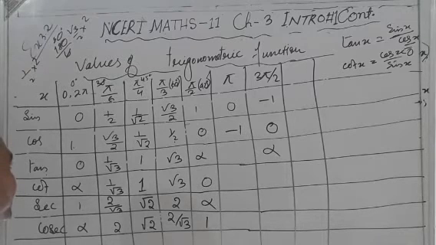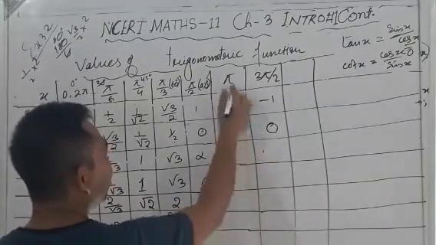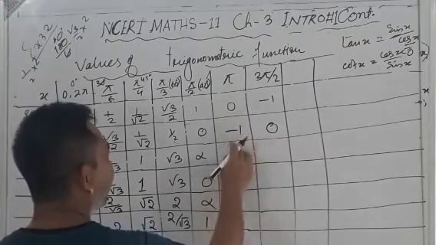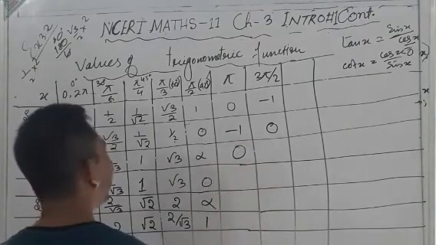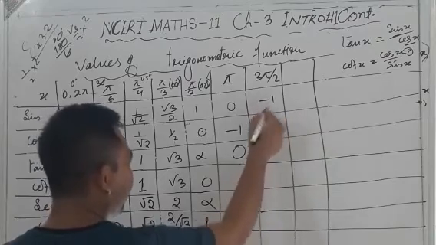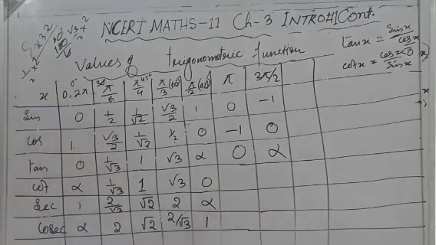Okay? And then cot is cos by sin, which is 0 by minus 1, that is 0 only. Okay, and then here sin and cos, so it is not defined.